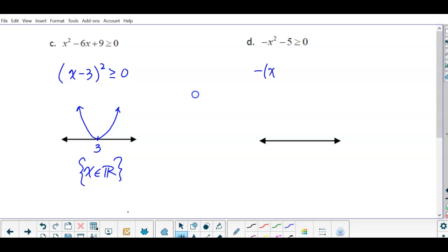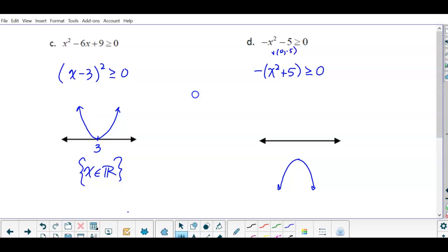Next one, same thing, it's got a negative. So in terms of this, it's x squared plus 5. You can't factor that, right? So it's not going to have any x-intercepts. It's going to be a graph looking down here, actually, because it's opening down, and the vertex is 0, negative 5.